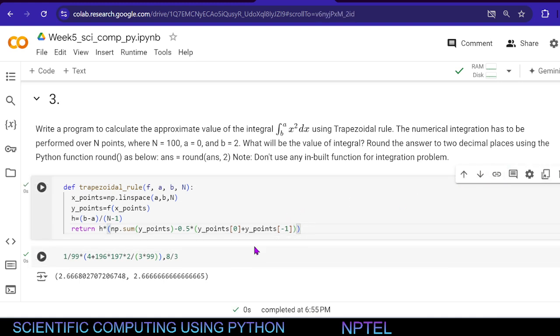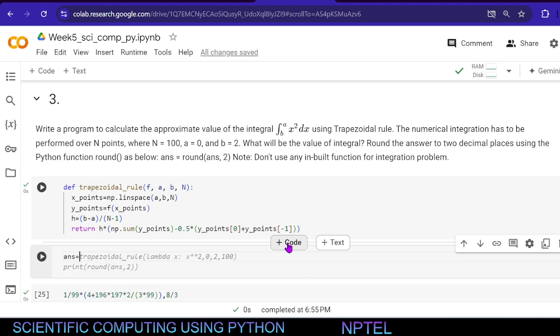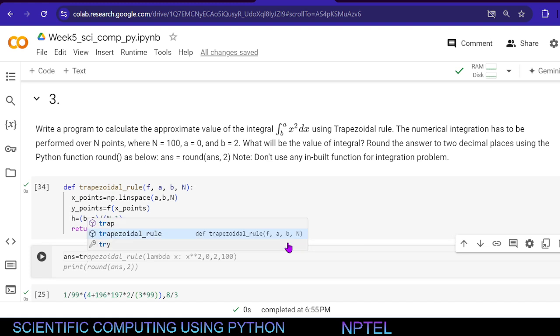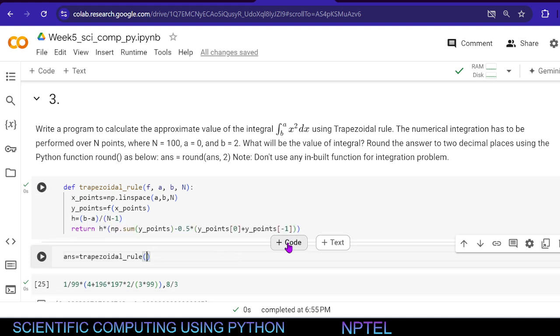Okay, and now we want to evaluate it. So now we want our answer as trapezoidal rule. In brackets, the first argument is the function itself.